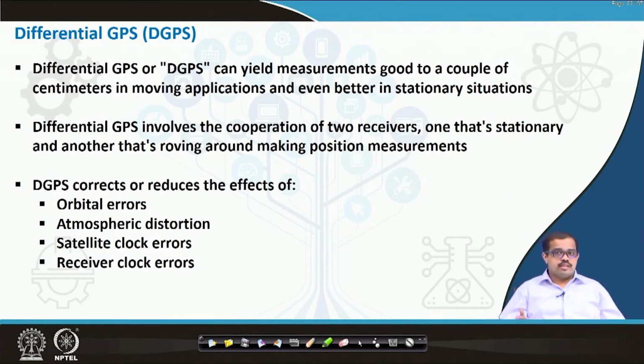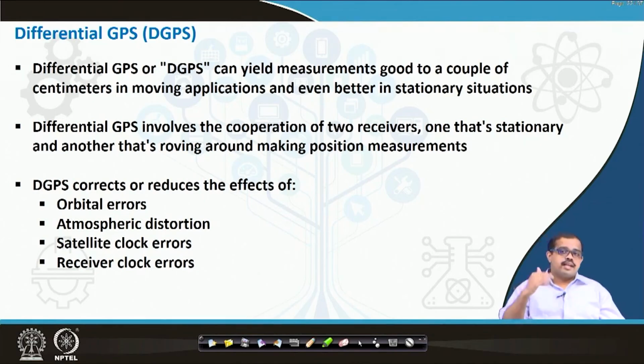Then the atmospheric distortion, because when you have a receiver that is already fixed and a rover that is moving, the contact is between the receiver and the rover, so there is no atmosphere in between. That brings down the error, minimizing it to a very large extent. The atmospheric distortion is minimized or made zero.